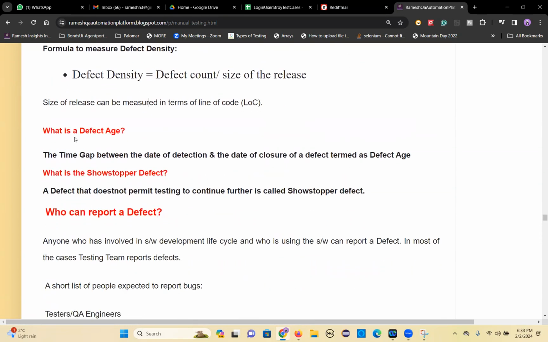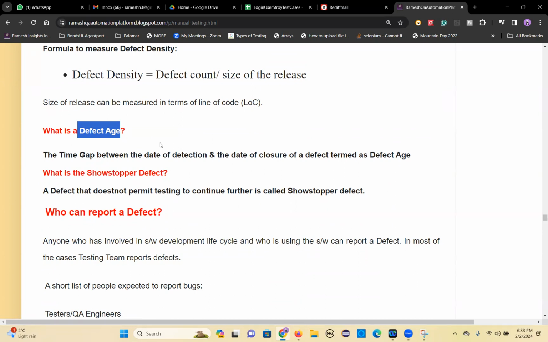So what is a defect age? The time gap between the date of detection and the date of closure of a defect is termed as the defect age. What is a showstopper bug? A defect that doesn't permit testing to continue further.